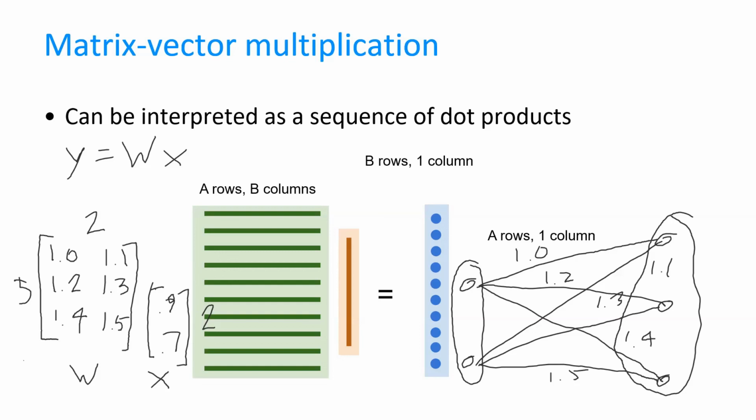Then you do the same thing for the next row, and then the same thing for the next row. Once you've multiplied all of those entries together, you sum them up to make a single number. That might sound familiar from what we were looking at a couple of slides ago when we were looking at dot products. So in deep learning, we're going to be doing a lot of matrix vector multiplication, which really just amounts to dot products between an input and each row of our matrix. Makes sense? Any questions on that?